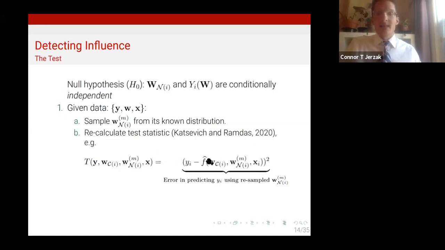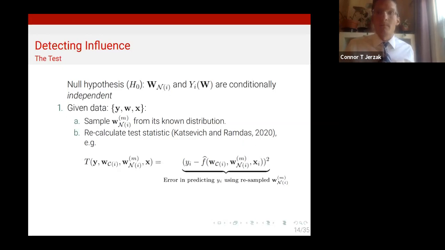In practice, the set of units that we fix in terms of their treatment values, most likely unit I would be a part of that set, and we're not simulating. In practice, we have other ways of testing for direct effects, but we're more interested in spillover effects and influence effects. So in general we keep fixed the treatment assignment for unit I, and we'll be permuting or simulating the treatment assignment values for those other units in that other set.